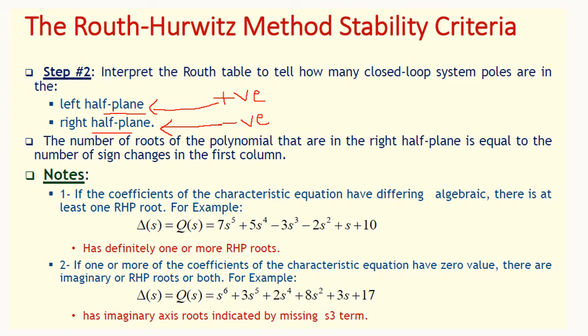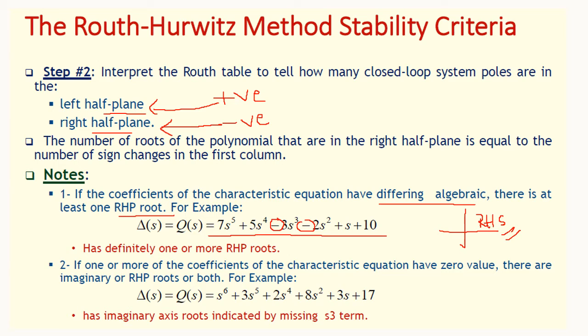If the coefficients of the characteristic equation have differing algebraic signs, then there is at least one RHP root. For example, the moment you see the equation, there is a negative sign here. It indicates that one or two roots are in the RHS, that is the right half of the plane, or RHP.